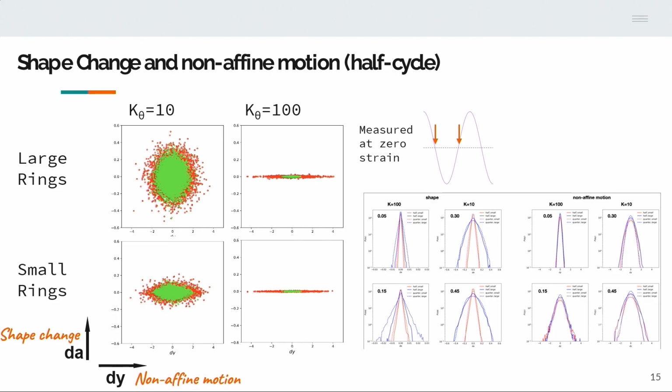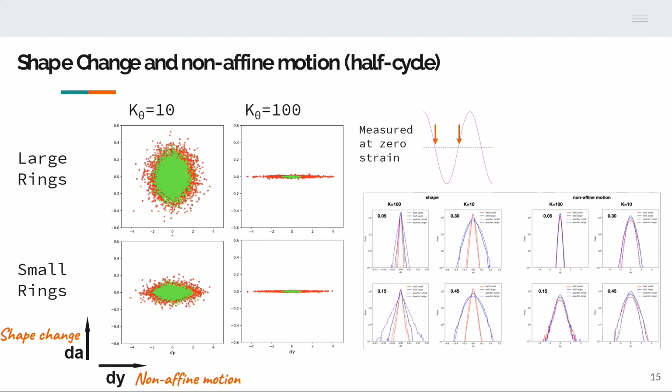And this dA quantifies the shape change, and dy gives the non-affine motion, since the shear is in the x direction. On the right we have the individual distributions of dA and dy.